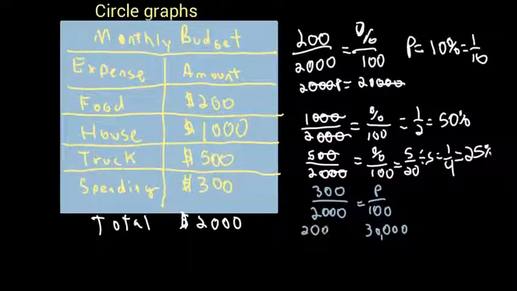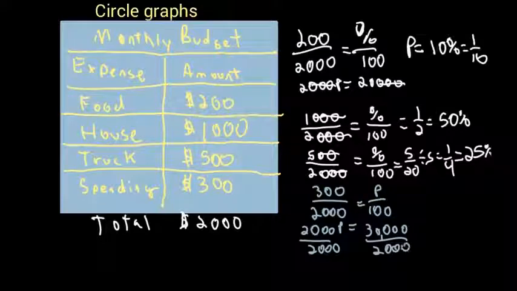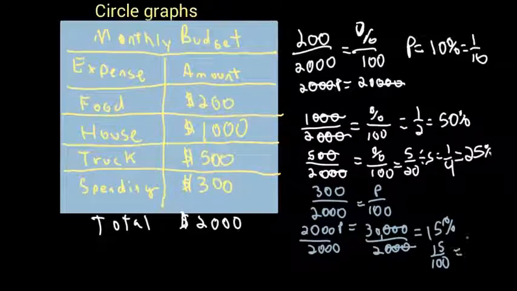And that'd be 2000 P. Divide by 2000. 3 zeros cancel, so 30 divided by 2 would be 15. So I get 15%. If I wanted to make that a fraction, it would be 15/100, and you can divide both of those by 5 to equal 3/20.